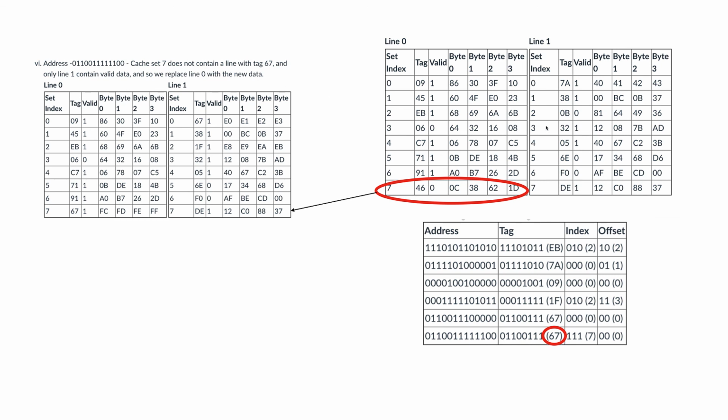Oh, I'm sorry. I need to use this table because this table was from after the fifth search. So over here you can see set 7, we don't have 67, but we do have one line that is invalid.